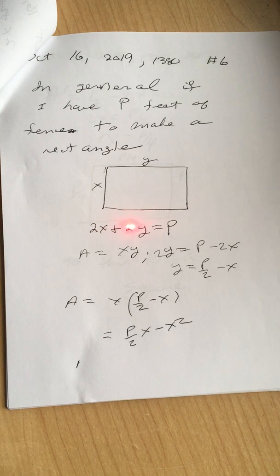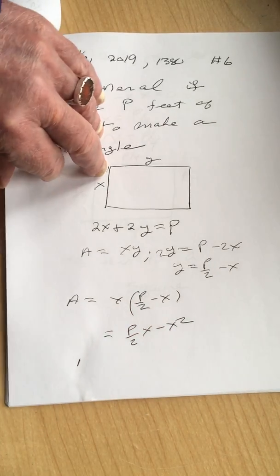So 2x plus 2y is p. The area is xy. So y is p over 2 minus x. And when we solve, we have x times p over 2 minus x as the area. So the area, just like before, is p over 2 times x minus x squared. Similar to what was before.